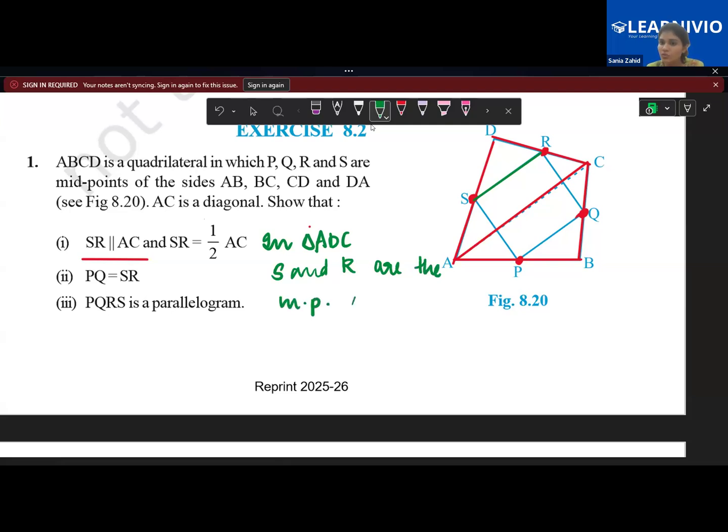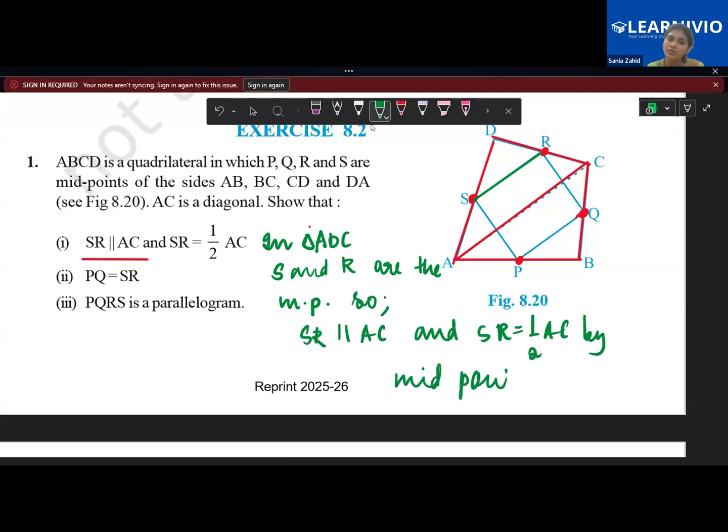So what happens? SR is parallel to AC and SR is half of AC by the midpoint theorem. So the first point you can very easily prove.